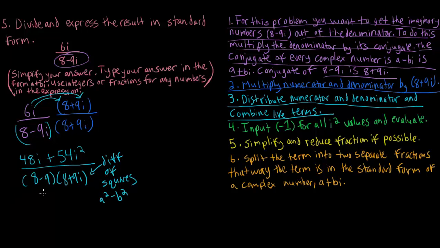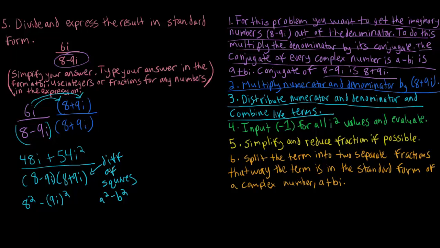So in this case, 8 is the a term, so it should be 8 squared, and then minus 9i squared.